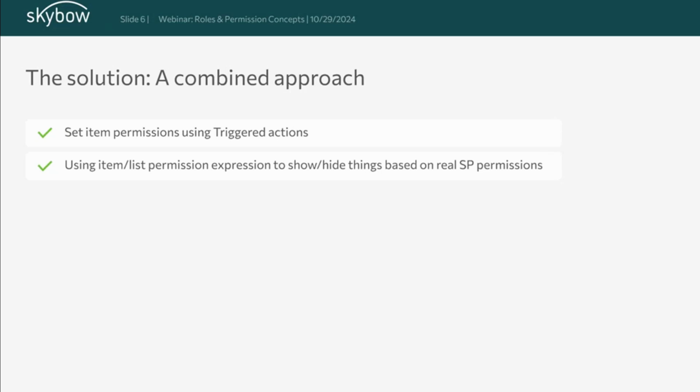There is an expression that can check if the logged in user has access to an item, read access, edit access, etc. Most of you probably don't even know that this possibility exists, but there is a placeholder in the expression builder where you can check for these real SharePoint permissions and use that in a visible expression, for example.